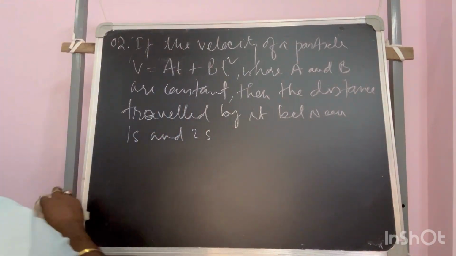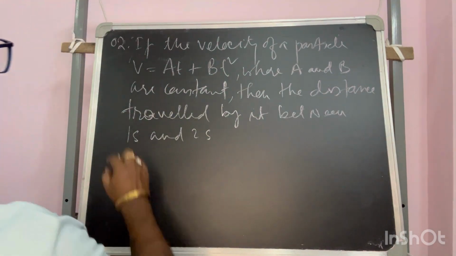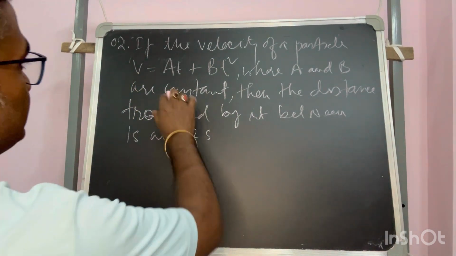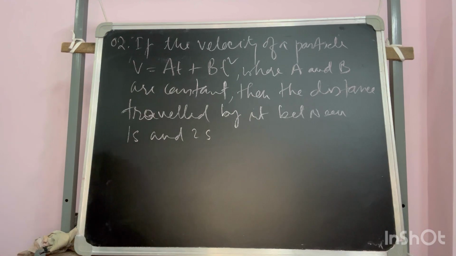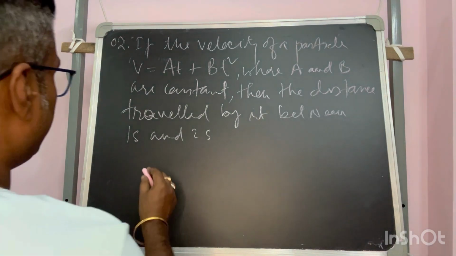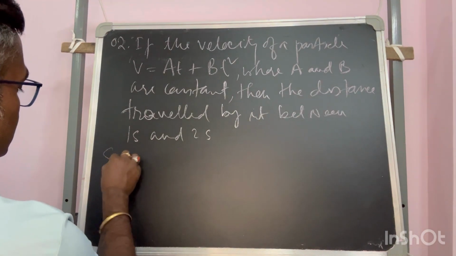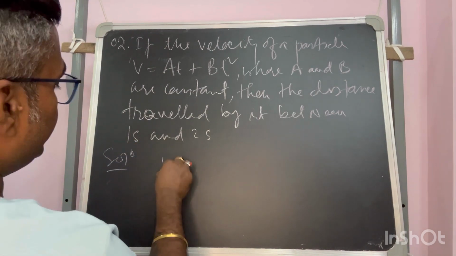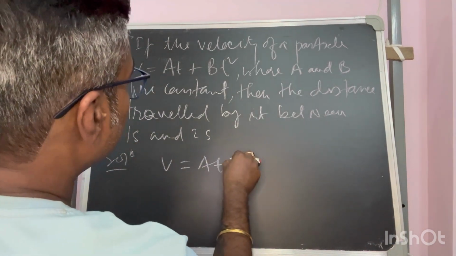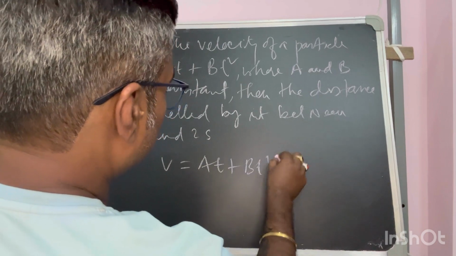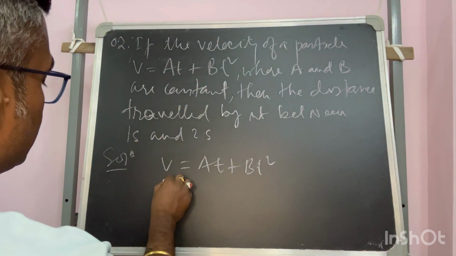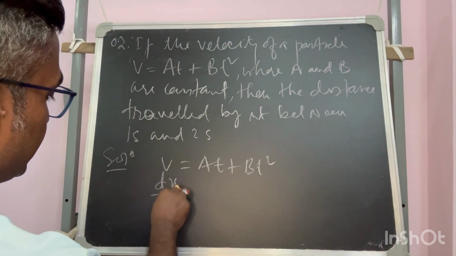Now for the solution, the velocity is given by at plus bt square. So v is dx/dt.